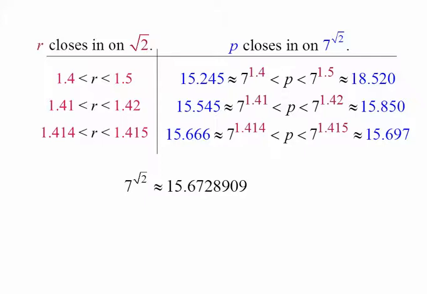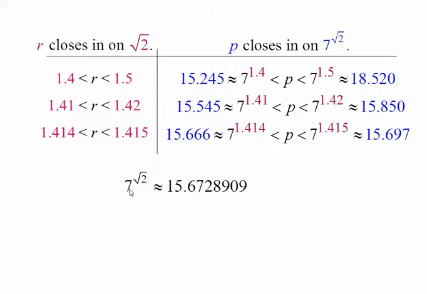So, as r gets closer and closer to the actual value of the square root of 2, which again we don't know, as we bring it out another decimal place and another decimal place and sandwich r in there between two decimals, we're getting closer and closer to a good approximation of 7 to the square root of 2.